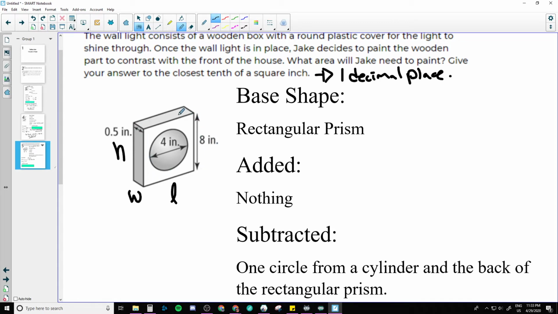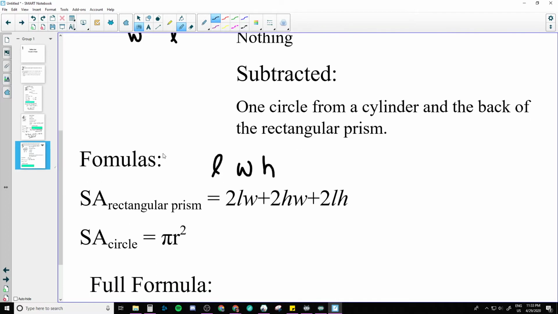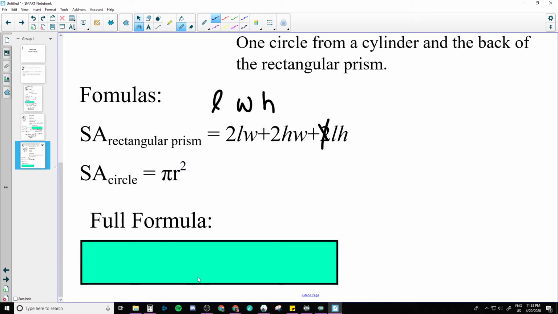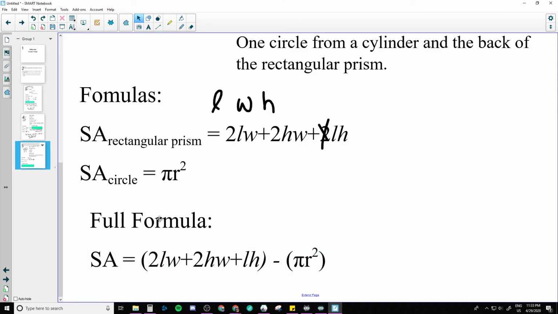Height times length is the front and then the back, but we don't need the back. So we only need one of the length times height, and we're going to have to subtract a circle. So that gives us our full formula of 2 length times width plus 2 height times width plus length times height, only one of these, minus pi r squared, this being the circle.